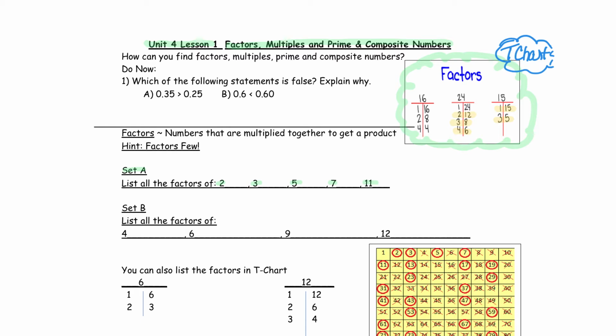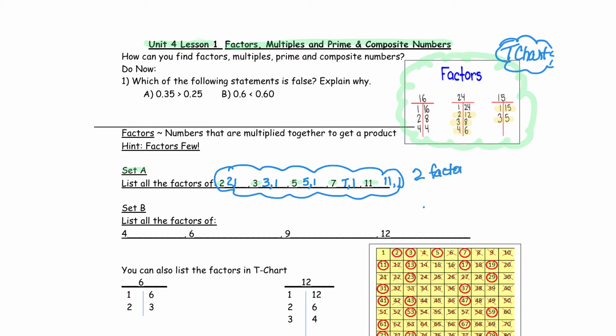Well, if I look at these numbers, I notice that the factors of 2 are 2 and 1, 3 and 1, 5 and 1, 7 and 1, and 11 and 1. Notice anything unusual about that? I wonder if you notice how many different factors there are for each of these. There's only 2 factors. Good job.